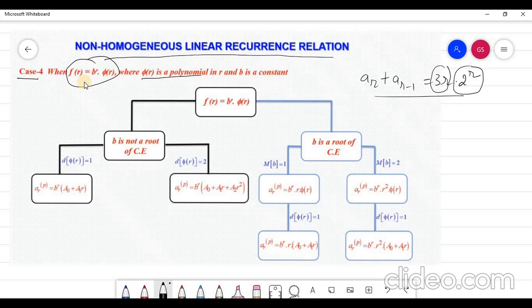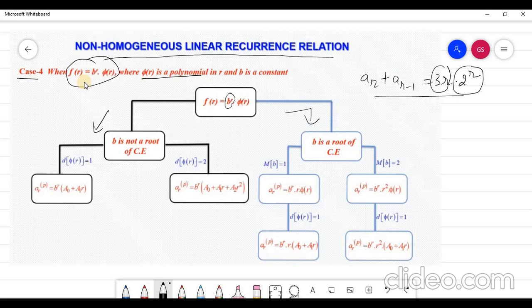First of all, we will try to figure out whether the b we have written here is a root of the characteristic equation or not. The entire solution depends upon this condition. If b is not a root of the characteristic equation, then we will follow this path. If b is a root of the characteristic equation, then we will follow the right-hand side.